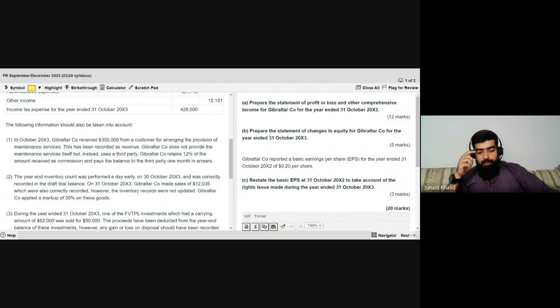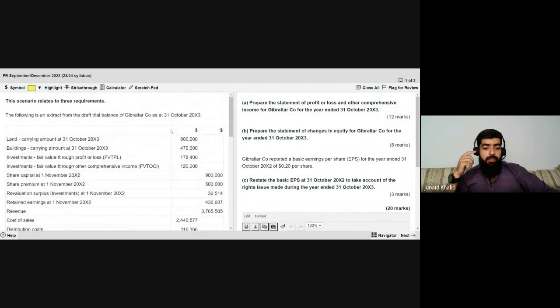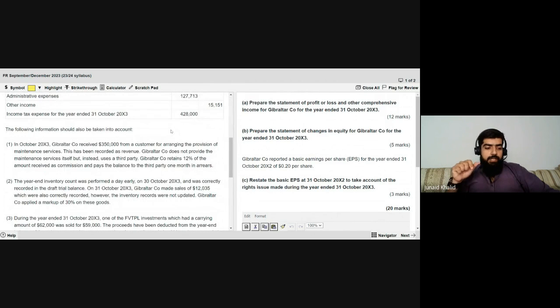In October 2003, in that accounting period, the company received 350,000 from a customer for arranging the provision of maintenance service. It means the customer paid 350,000, and this was recorded as revenue. The company does not provide the maintenance service itself, but instead uses a third party.